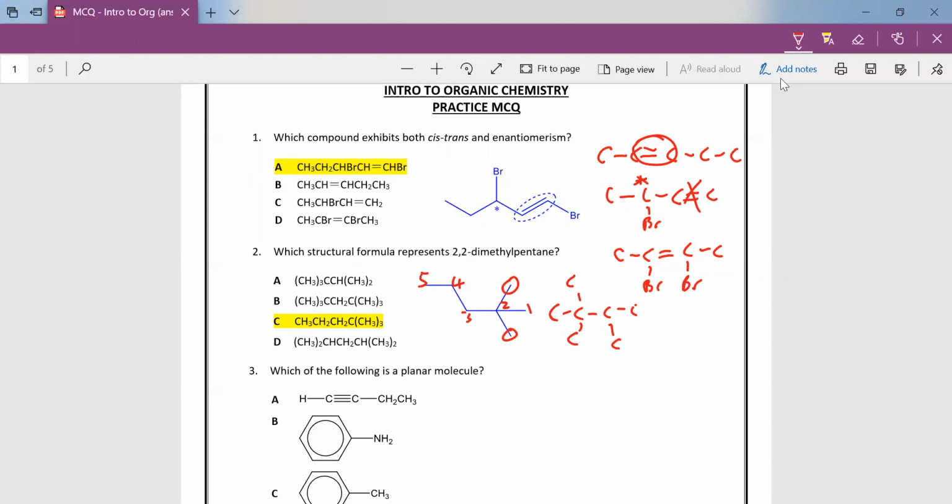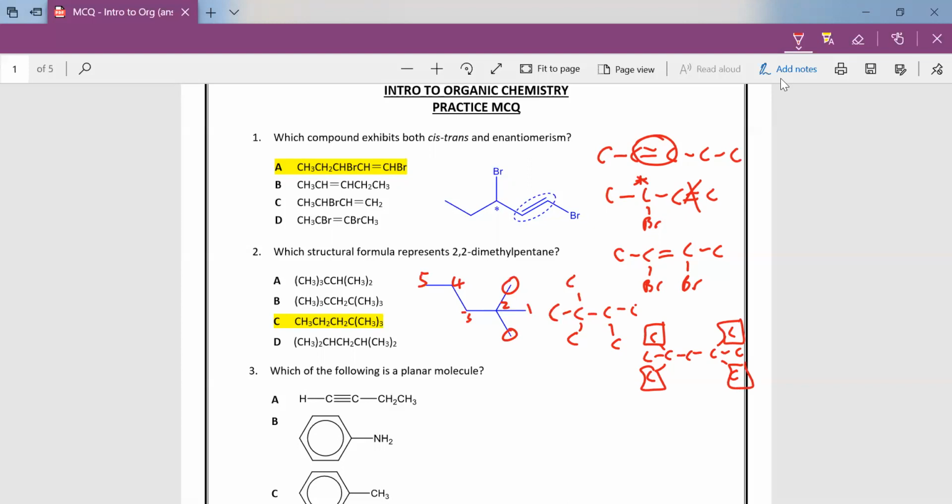For B, draw again. The longest chain is 5, no doubt, but it has 4 different substituents instead of 2.